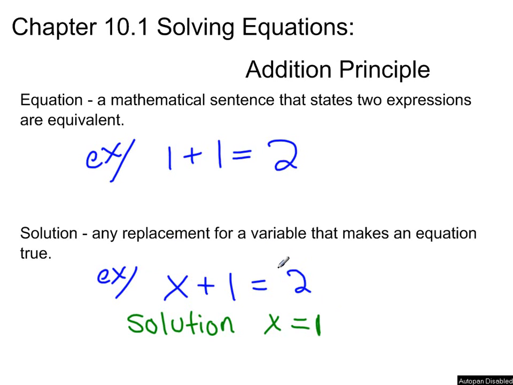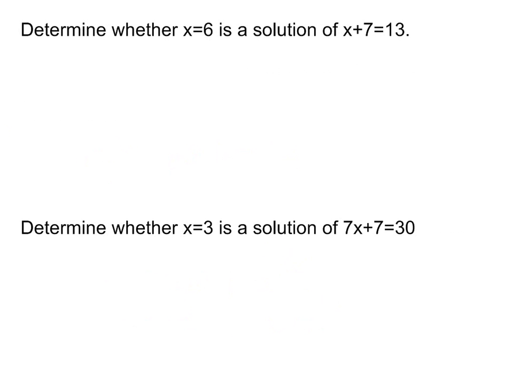So let's get a little bit of practice with that. We are asked to determine whether x equals 6 is a solution of x plus 7 equals 13. So pretty much what we're going to do is perform a check of sorts. We're going to take our equation, x plus 7 equals 13, and instead of x, fill in what x equals. x is really 6.